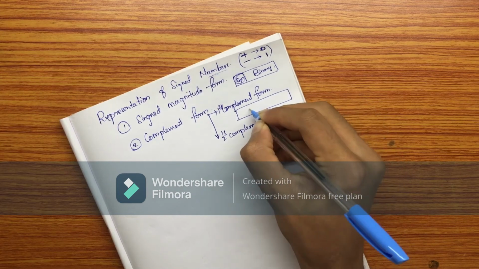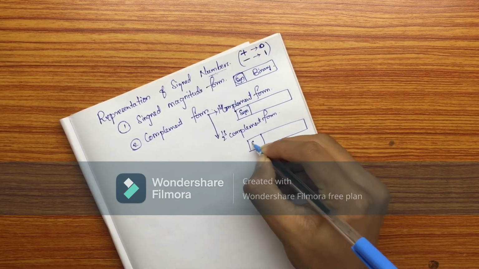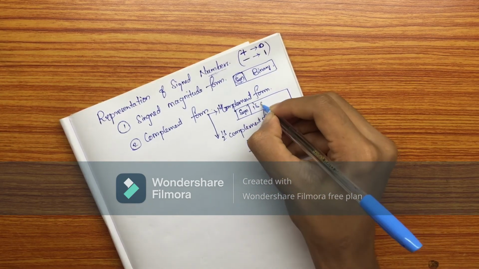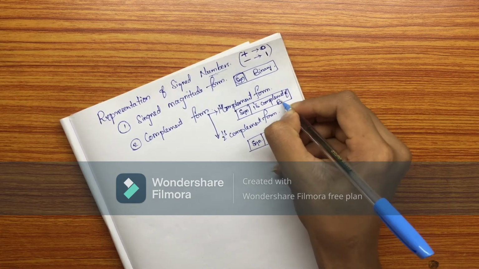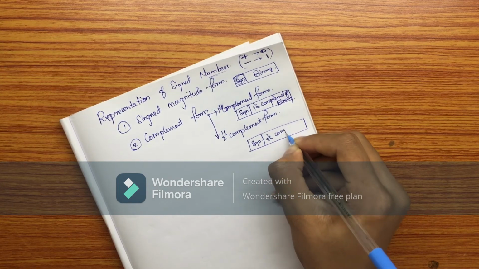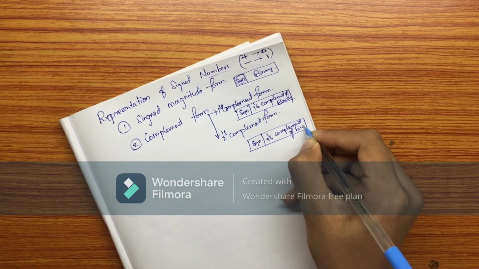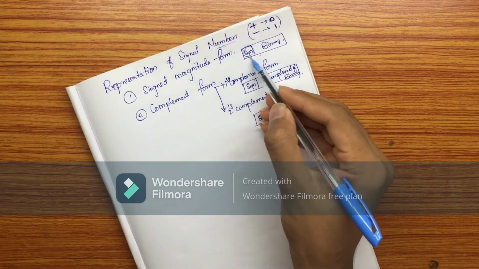See, here we will write the sign. Here also we will write the sign. Here the one's complement of binary, and here the two's complement of binary. So it will be in this way.